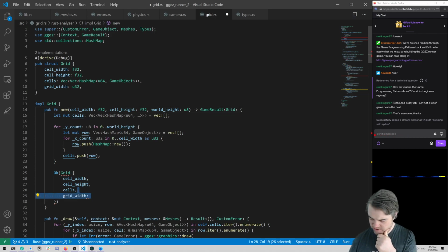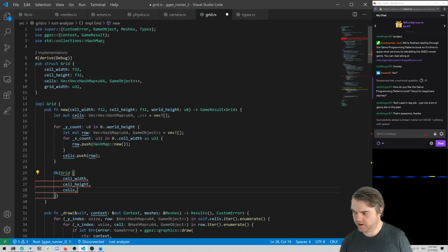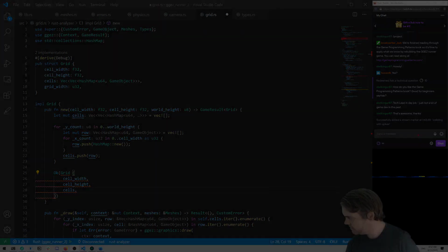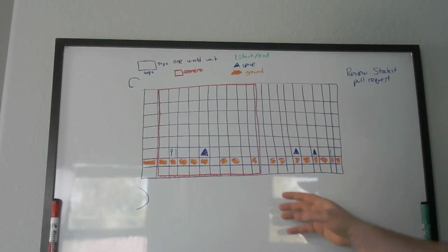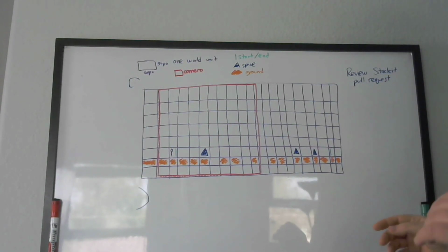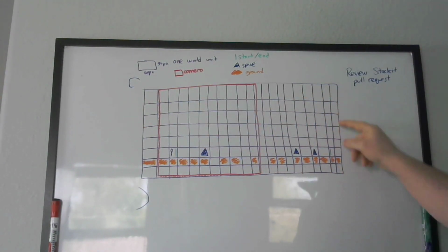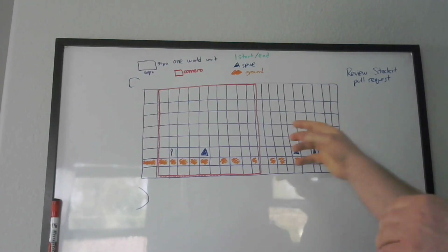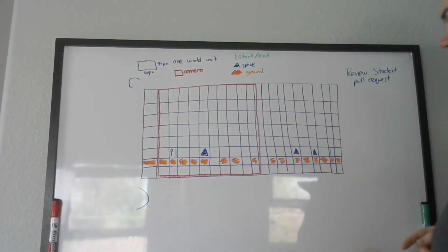So hold on, before I do this, let's go back to our whiteboard and figure out this math. So we have each of these cells as we're creating. What I want to do is, if the level is this long, like there are that many elements in the level, I want to create this many cells in the row.